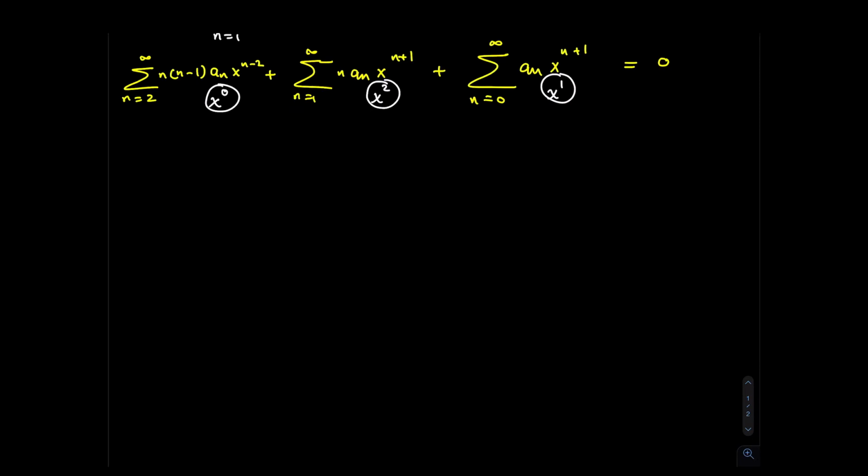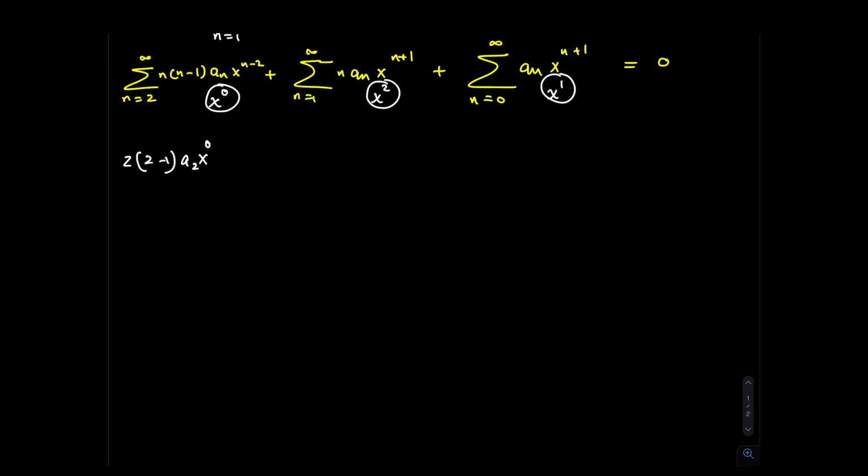So for all the x's to start at the same power, I need to take out the first two terms out of the first one, and I need to take out one term out of the third one. So let's do that. So I'll start with n equals 2. Actually, let me just write the constants first. So n is equal to 2, 2 times 2 minus 1, a sub 2 x to the power of 0.